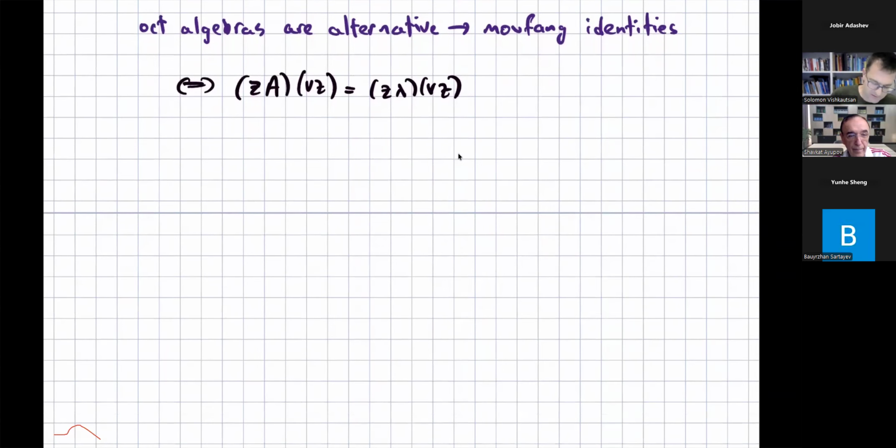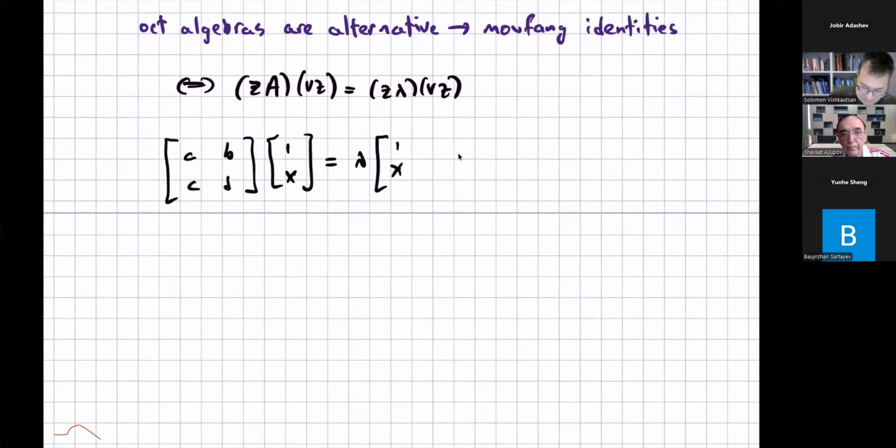Okay, so we have the following, again, a very simple equation, (A, B; C, D) times (1, x) equals lambda times (1, x). I want to solve it. So we get A plus bx equals lambda, and C plus dx equals lambda x.